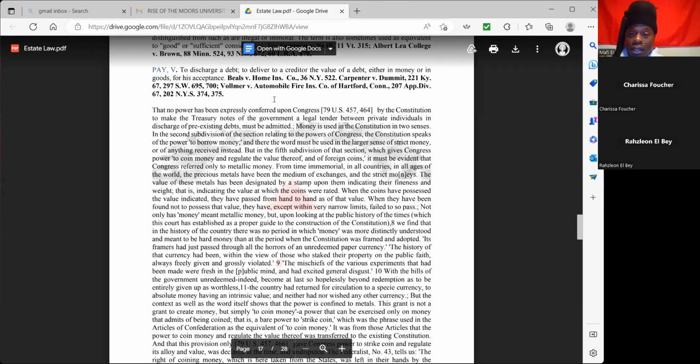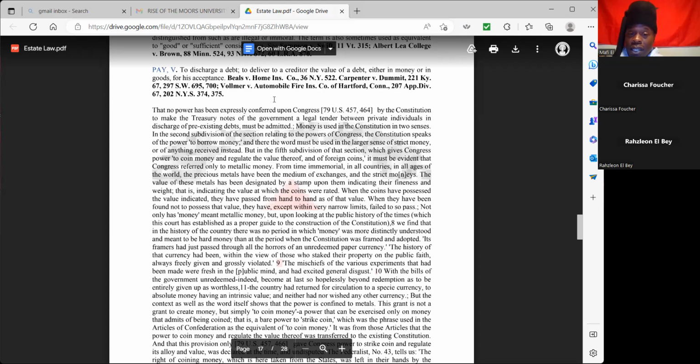When the coins have possessed the value indicated, they have passed from hand to hand as of that value, right? Exactness, a certain amount of weight, weights and measures. That's the language. When they have been found not to possess that value, they have, except within narrow limits, failed to so pass.